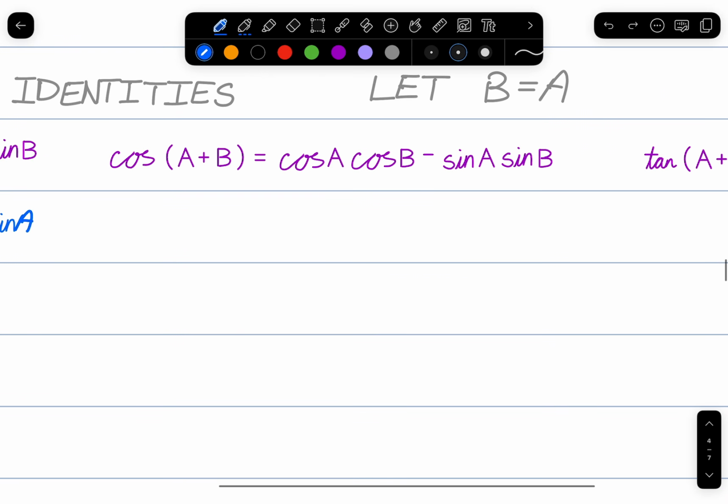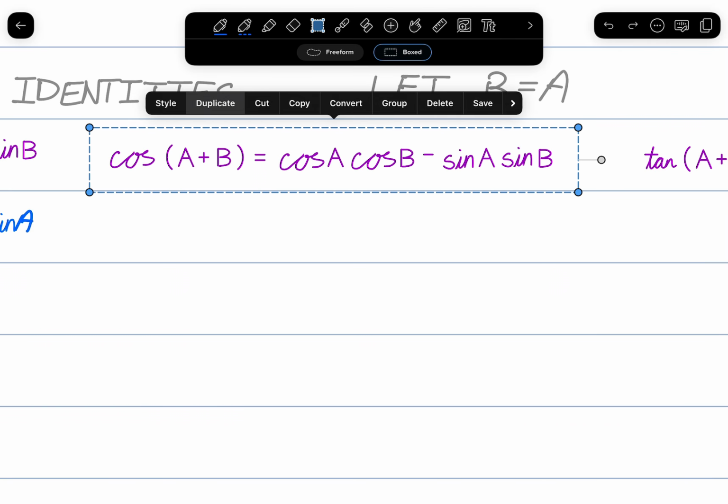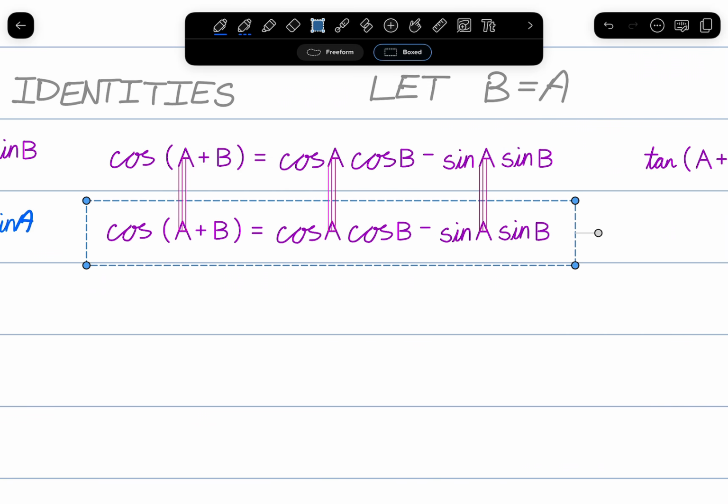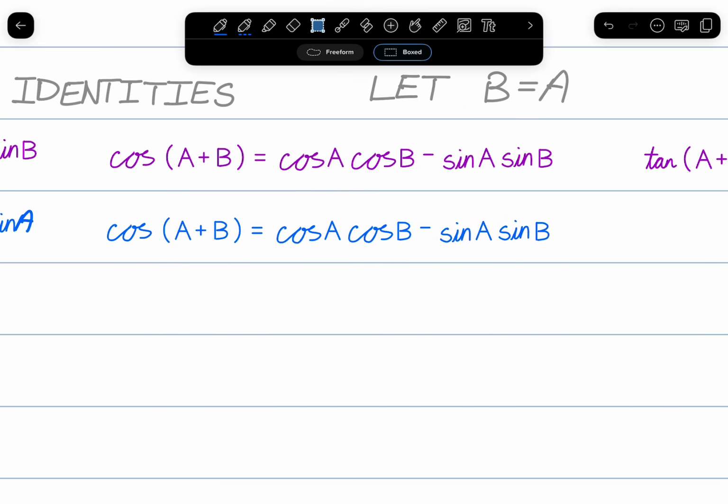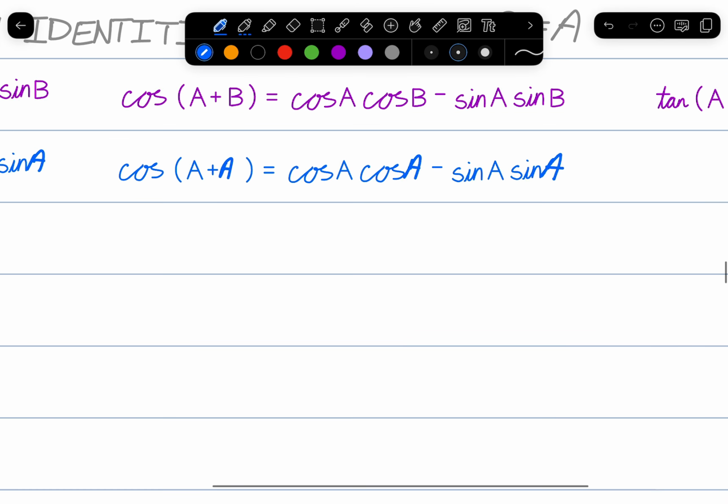Okay, so doing the same thing here for cosine. So just going to duplicate. Turn this to blue. I'm going to let b equal a. So in all of these, b becomes a. And again, obviously, cos of a plus a is cos of 2a.